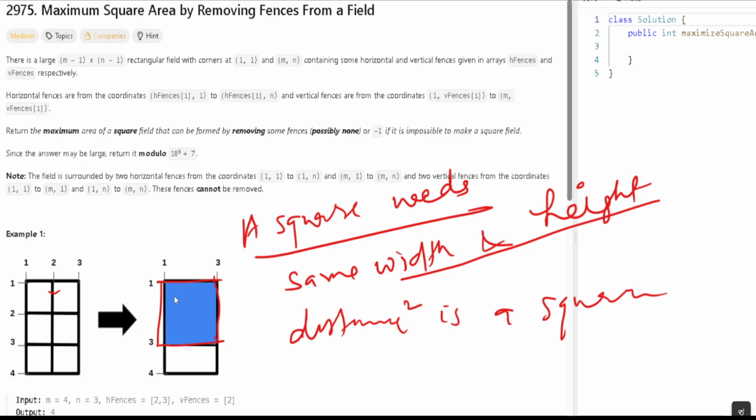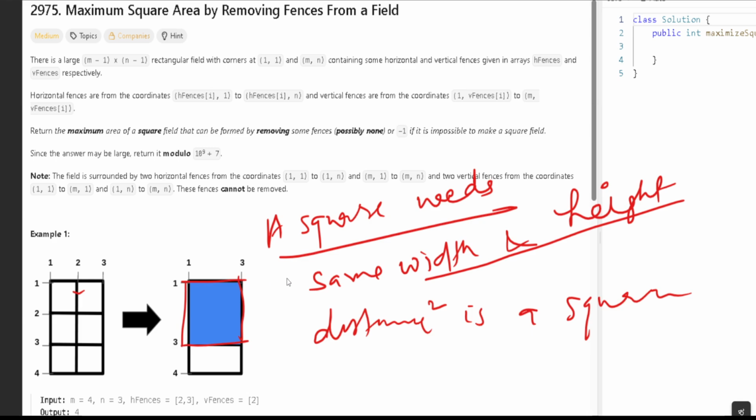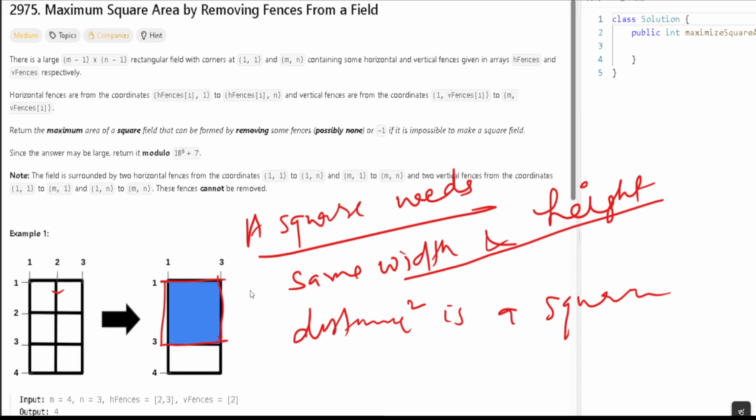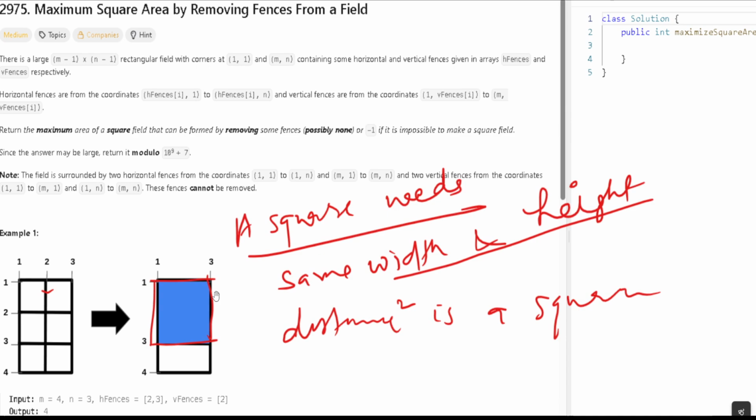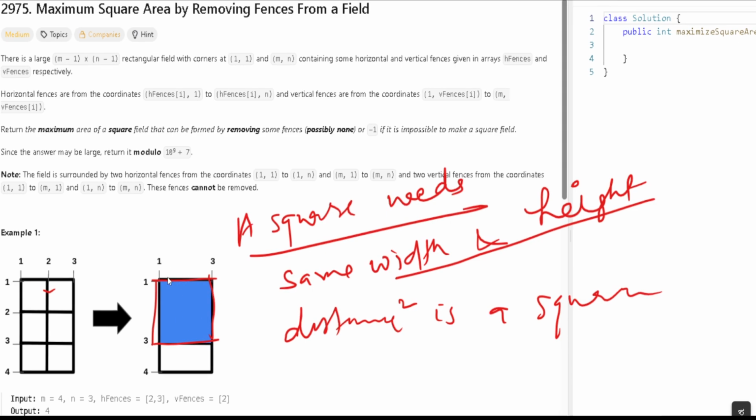Because if you see, this is the distance from here to here. What divides this width? The vertical fences split the width.